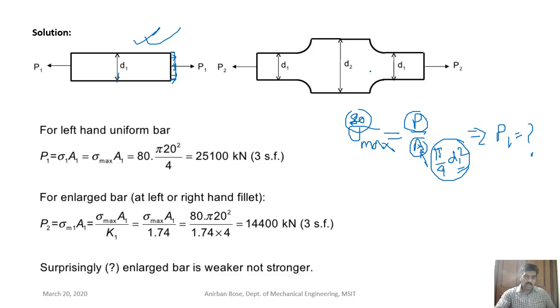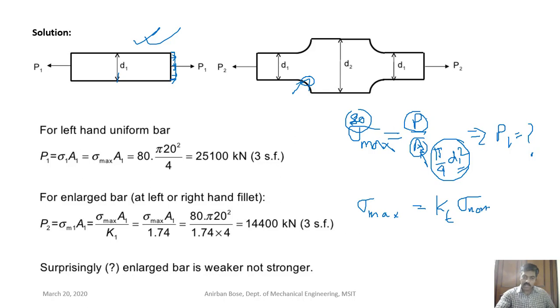For P2, obviously we'll search for the critical points. Critical points will be the stress risers. Around this point, the stress is expected to be maximum. So we'll again use the formula: sigma max is KT into sigma nominal.